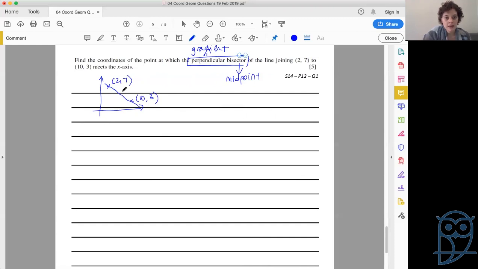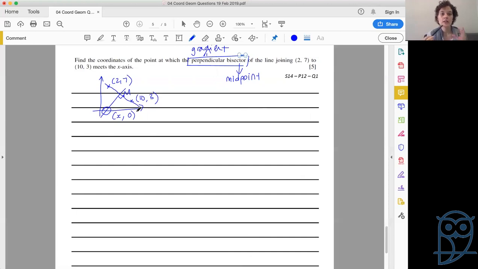Perpendicular bisector goes through here. That's the midpoint. And where does it meet the x-axis? This is at (x, 0) because our y-coordinate is 0. So we've got a few things, but now it's a little bit easier to see what we're aiming for once we have our sketch.